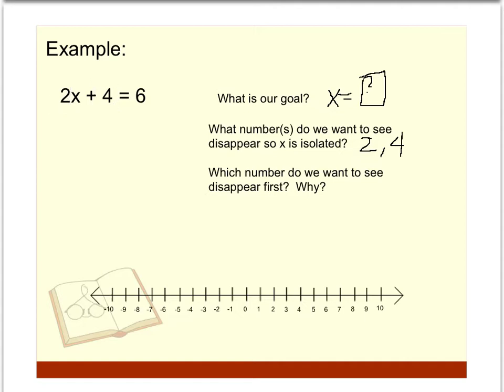Now, which number would we want to see disappear first? And this is kind of a tricky question, but it has to do with PEMDAS. If we think of, please excuse my dear Aunt Sally.